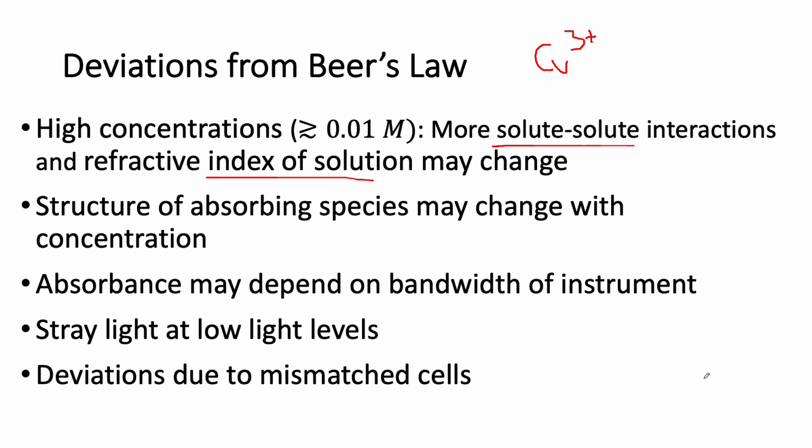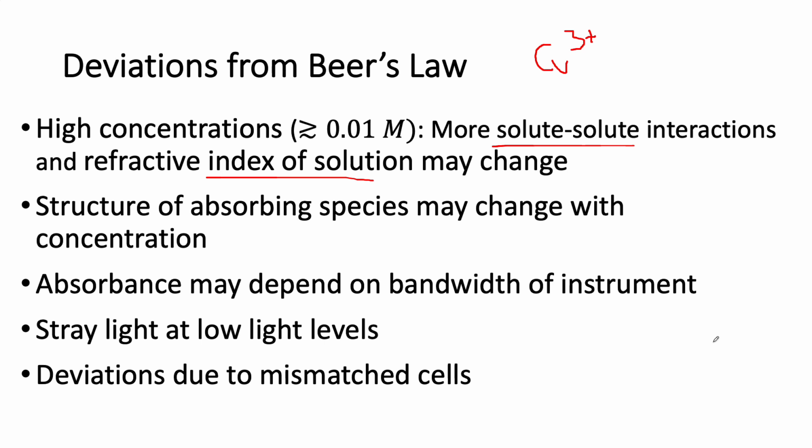So you have to worry about the instrument's bandwidth, especially if you're on the edge of an absorbance band. Another case is when there isn't much light coming through because your sample is pretty opaque. It's too thick, it has too much absorbance or is too concentrated, or the path length is too long.